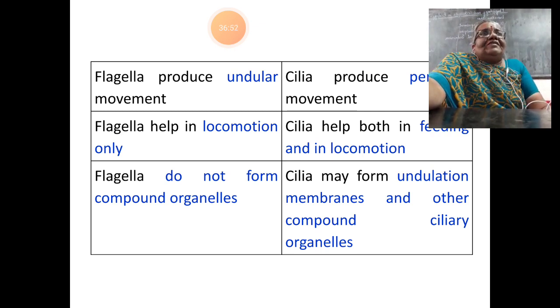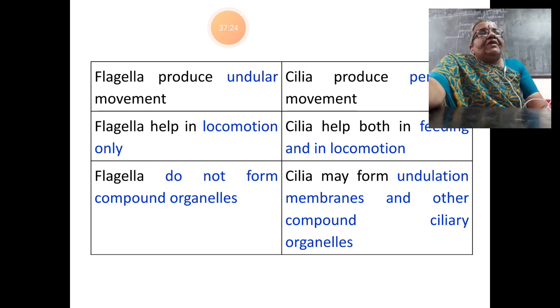I will tell you about this when I take up modes of locomotion in protozoa, and cilia produce peripheral movements. Okay. Then flagella help in locomotion, only locomotion. Cilia help in feeding and locomotion. All right. Flagella do not form compound organelles. Cilia may form undulating membranes and other compound ciliary organelles.